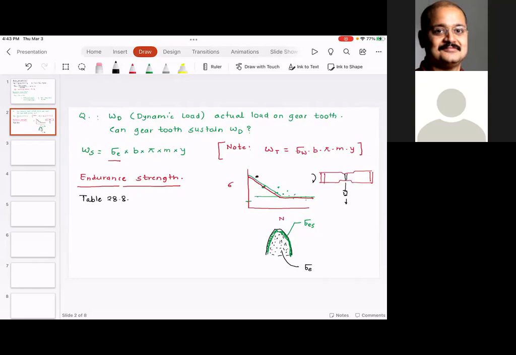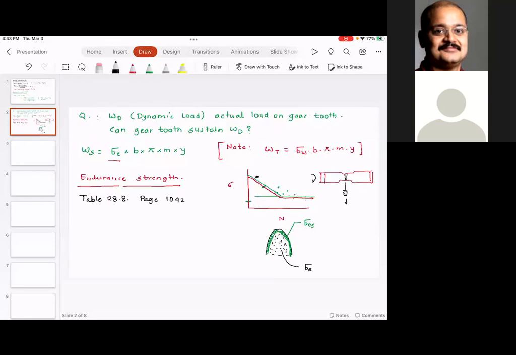So quickly, I want you to look at table 28.8, wherein you have the material for the pinion, material for the gear, say gray cast iron, semi-steel, phosphor bronze, steel, and you will see the Brinell hardness number, and the flexural endurance strength. Are you with me so far? So table 28.8, page 1042.